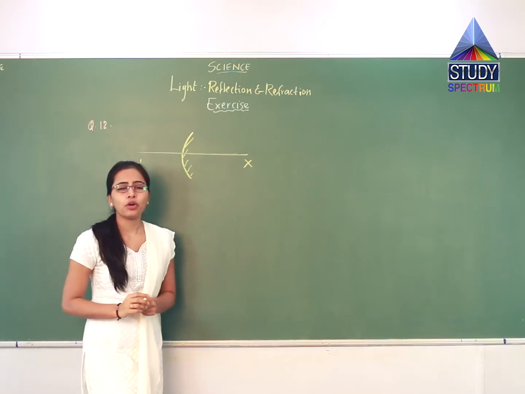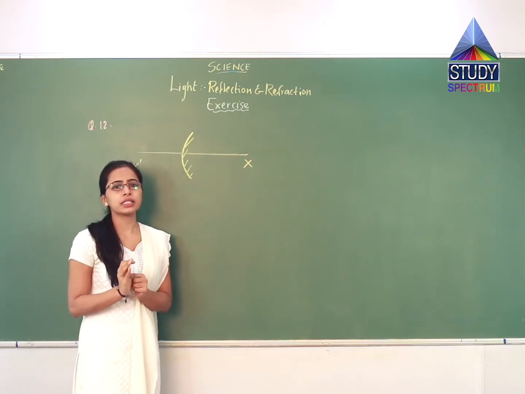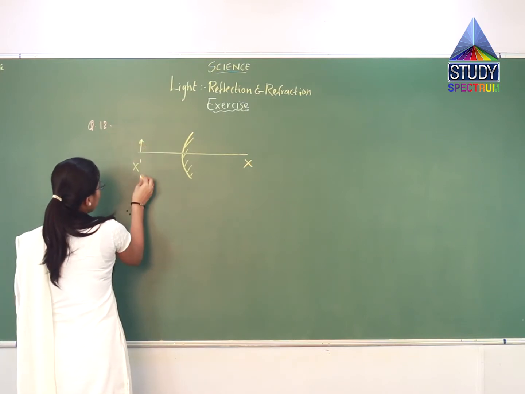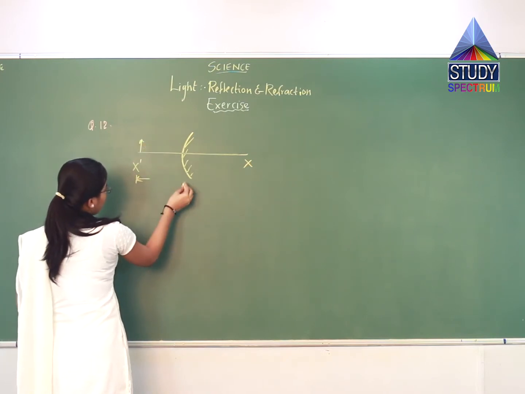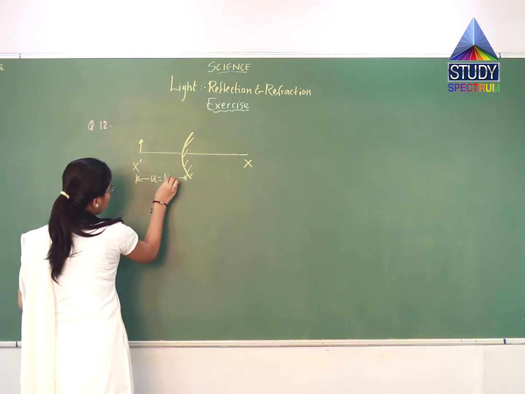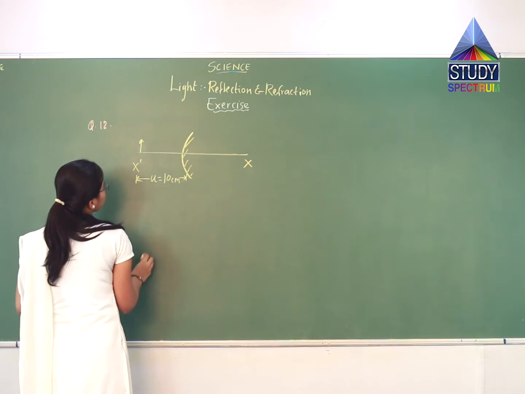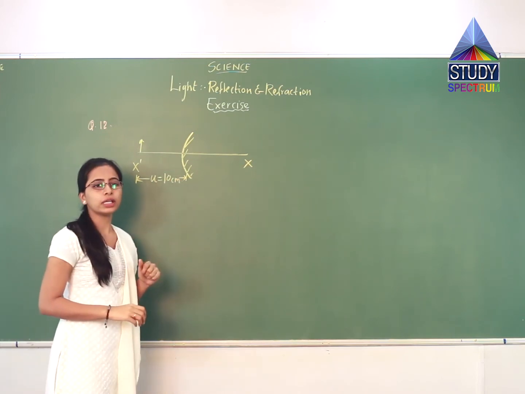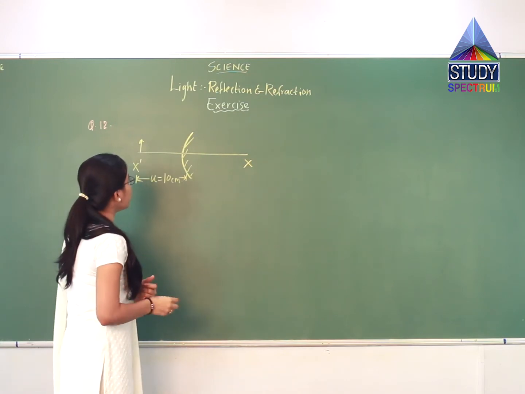It is given that object is placed at a distance 10 centimeter from the convex mirror. And suppose here is the object at u is equal to 10 centimeter. It is given that focal length is also 15 centimeter.